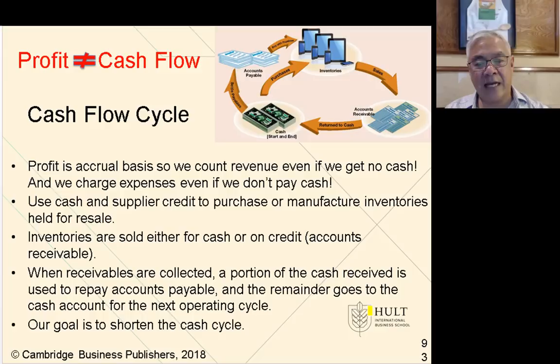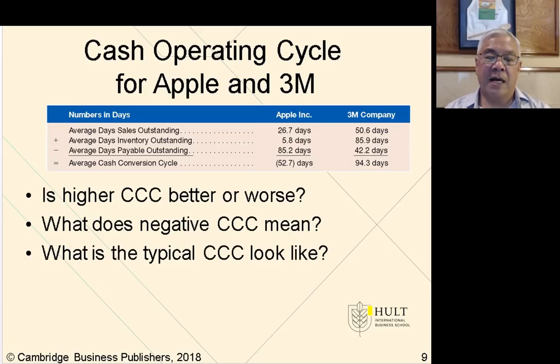So it's this cycle where we have inventory, we have receivables, and we have payables. And so this cash cycle is how we analyze this different way to look at the results other than accrual basis. All right, so how do we look at this? We have ratios. In this case, they're called average days sales outstanding, average days inventory outstanding, average days payable outstanding. And we'll do the math later on. I just want to show the idea that it takes Apple 26 days to collect money from their customers.